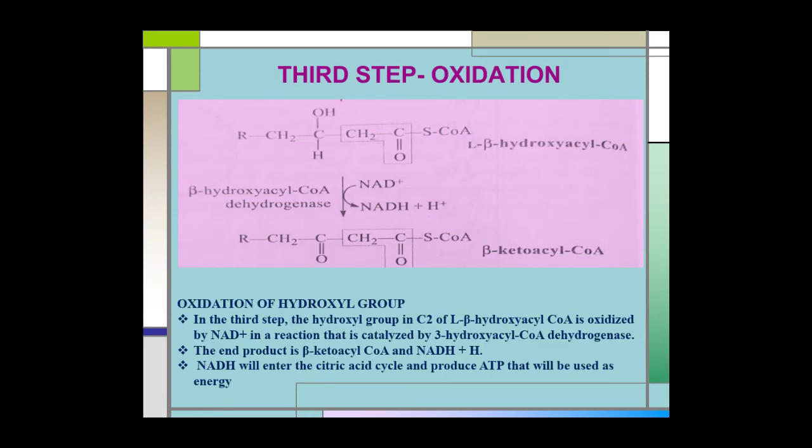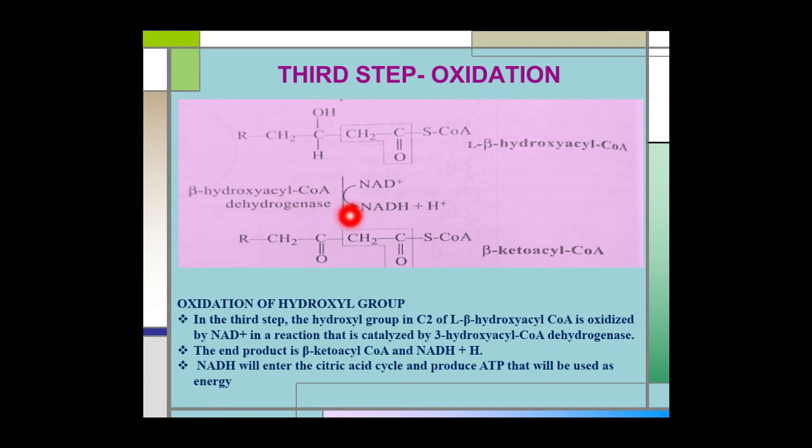Third step is the oxidation step. In this third step, oxidation of the hydroxyl group occurs. The hydroxyl group, which is present in the third carbon of beta hydroxyacyl CoA, is oxidized by NAD plus in a reaction which is catalyzed by beta hydroxyacyl CoA dehydrogenase.